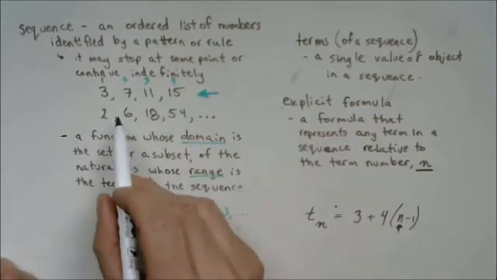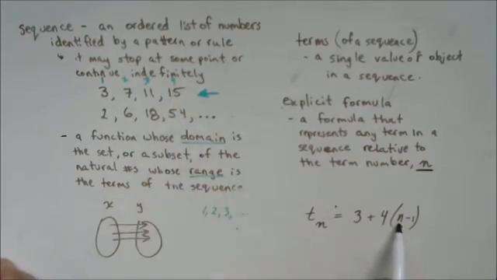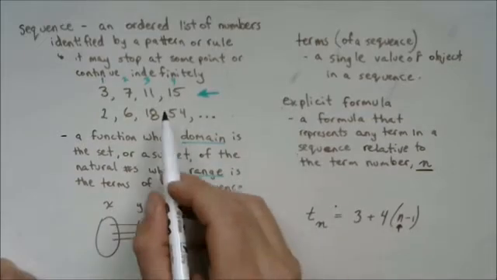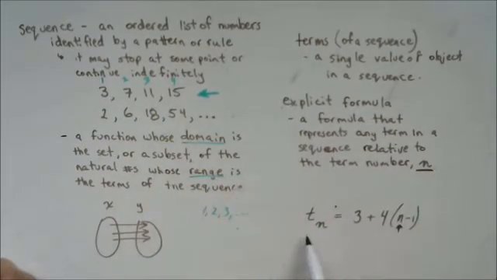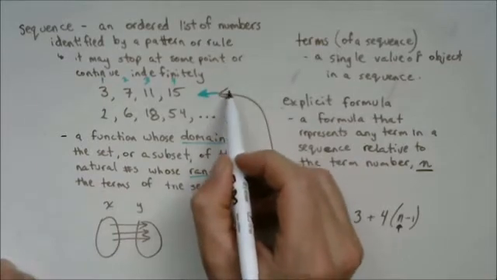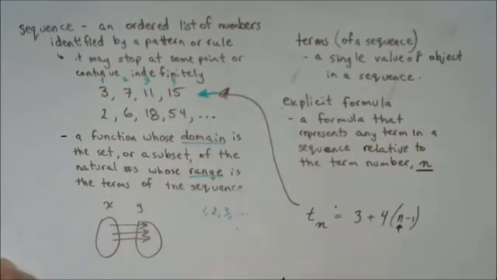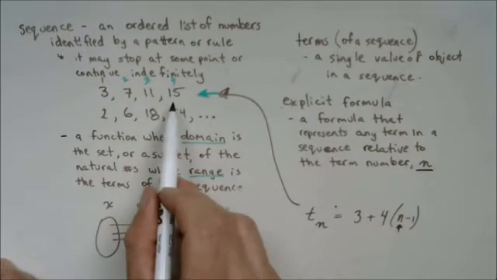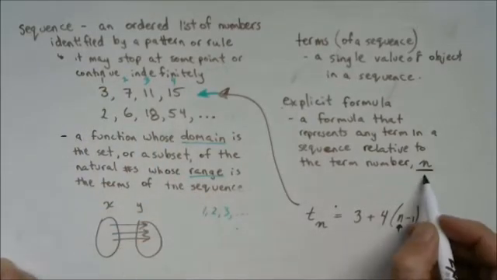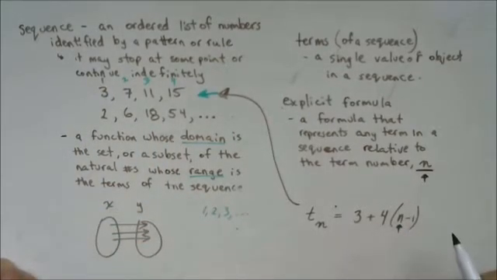Okay, let's see if it works for the next one. Put 4 in there, I get 3 in the brackets, times 4 is 12, plus 3 is 15. Okay, so this would be an example of an explicit formula for this sequence right here. I can get any term in the sequence just by using its term number.